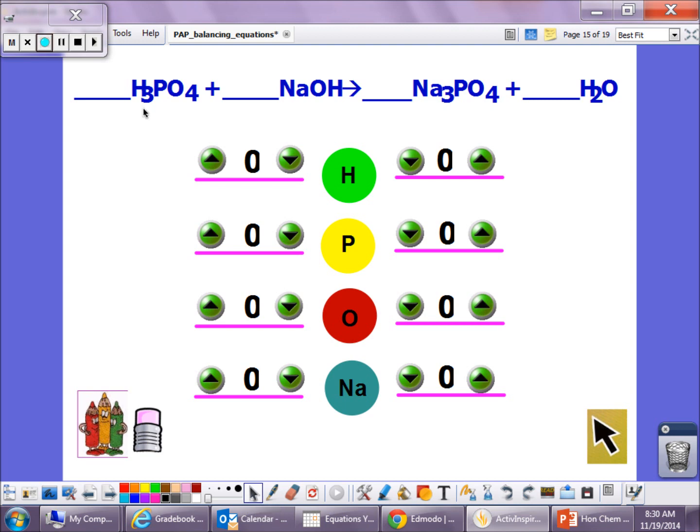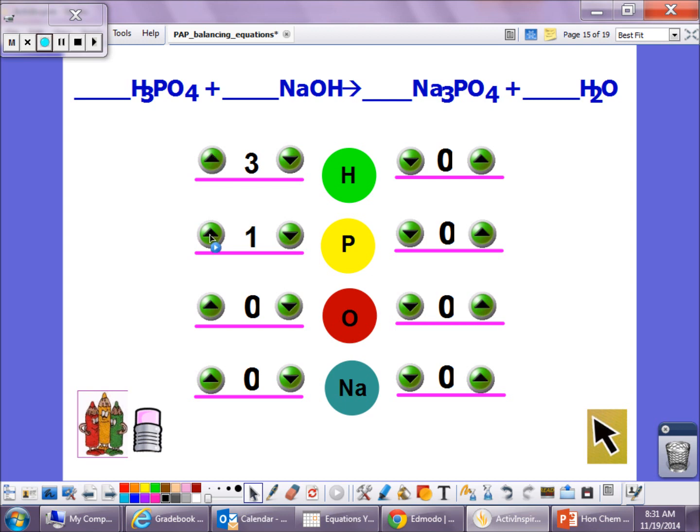So I have 3 hydrogen here. Okay, this is kind of tricky. 3 hydrogen. I have 1, 2, give me 3 hydrogen. So I'm okay with hydrogen. I have 1 phosphorus, 1 phosphorus.